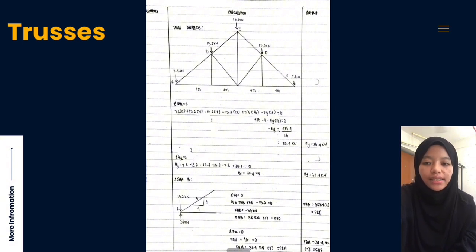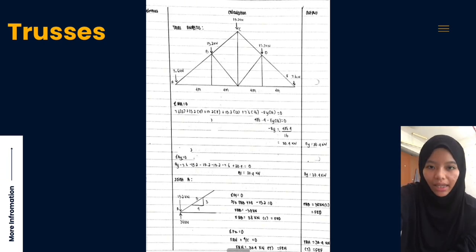So as you can see, RA multiplied by 16 minus 608 equals 0. Everything on the left we take and put on the right, so RA equals 608 divided by 16, and we will get 38 kN.